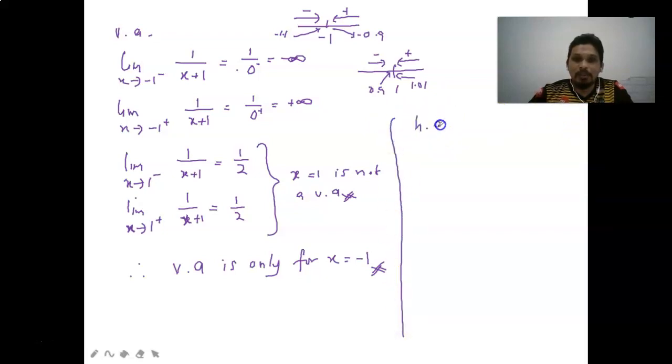Okay, now for horizontal asymptote, we look at the limit of x approaching positive and negative infinity of x plus 1 divided by x plus 1 and x minus 1.